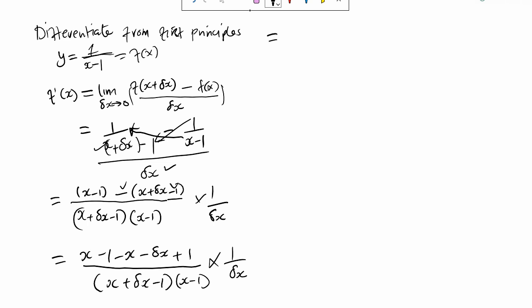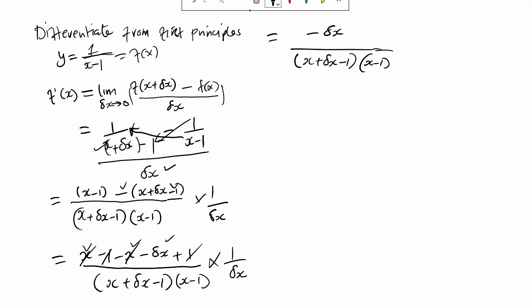Okay, now from here we can simplify further. I have x minus x, that goes because we have a 0. Also we have minus 1 plus 1 is 0, and what is left is minus change in x. So the numerator is minus change in x, everything over x plus change in x minus 1, multiplied by x minus 1.